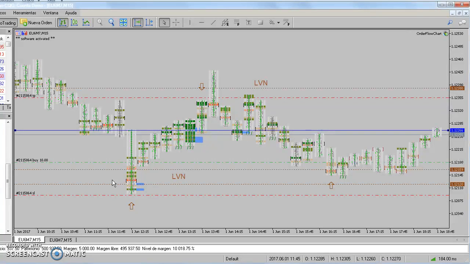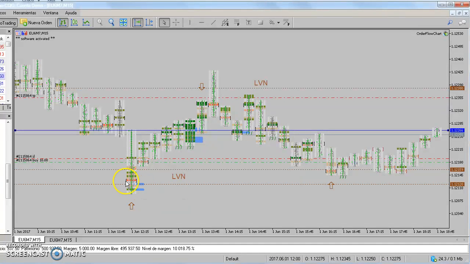The next bar closes above it. It was an up bar, but even more important, based on our order flow analysis, this bar is controlled by the bias, as we can see here.